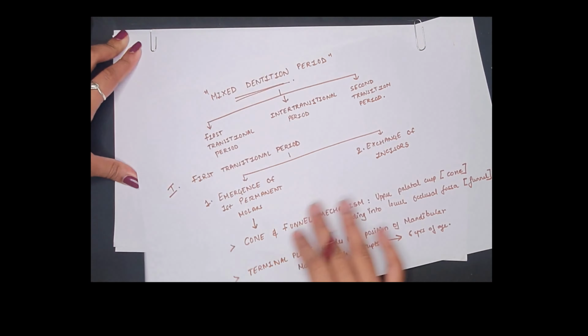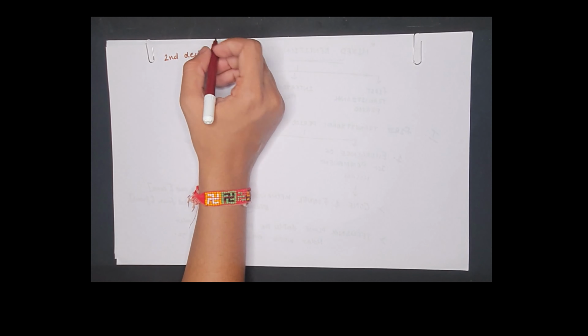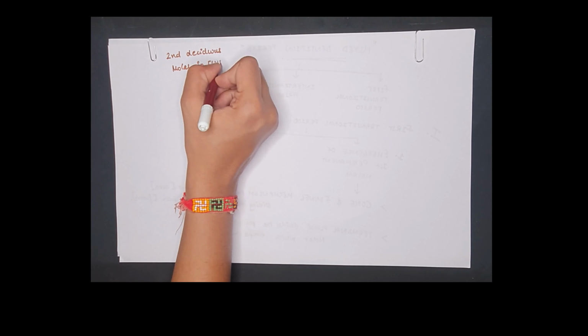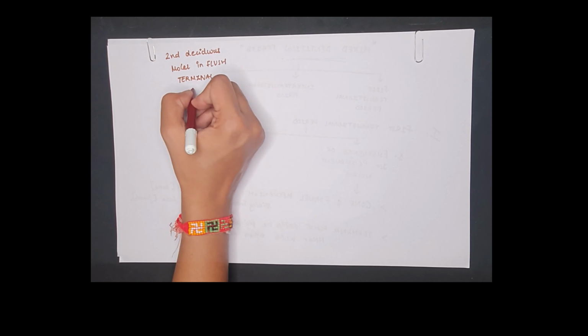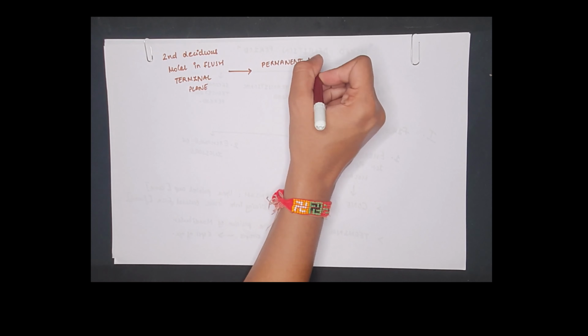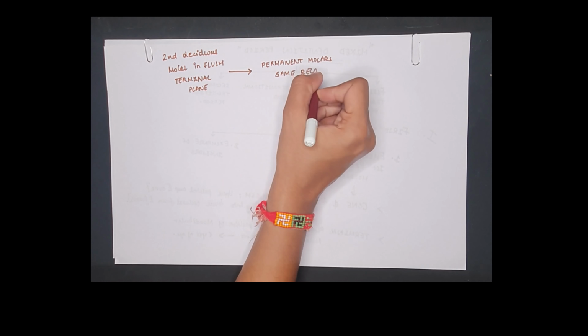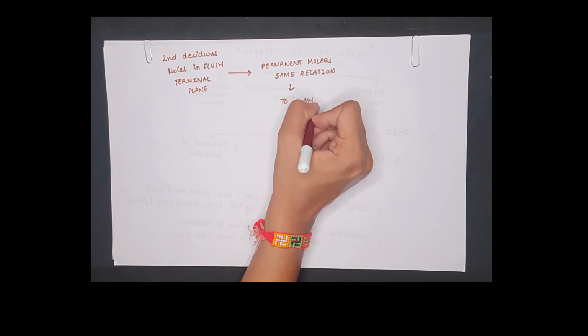Now, going to the second deciduous molars when they are in flush terminal plane, what happens to the eruption of the permanent molars? When the second deciduous molars are in flush terminal plane, the permanent molars erupt in the same relationship. What does that mean? That the permanent molar will erupt in class 1.